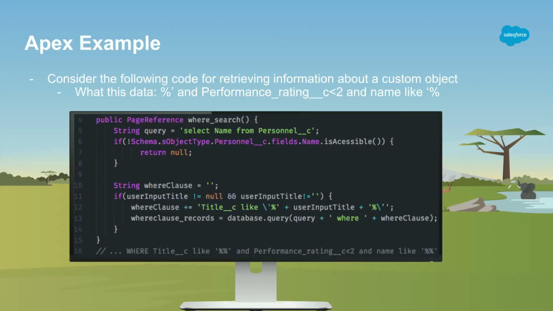Because we didn't do any sort of filtering or validation, they absolutely could put that in, and what they're going to get back is a list of names from personnel, but specifically scoped down to who's not doing so great. So obviously, probably not intended when you were building the application, and it's definitely an information disclosure.